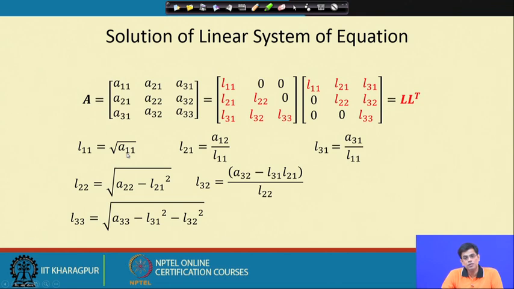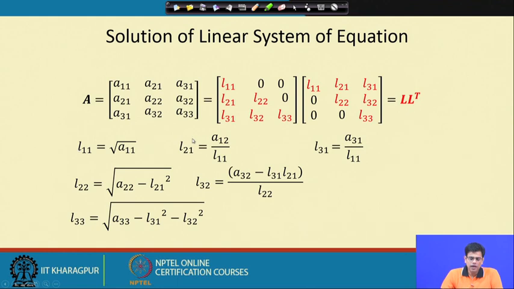So, the first important thing is that, to find the components of the lower triangular matrix, you have to take square roots. This is an important difference from what we learned in the LU decomposition.